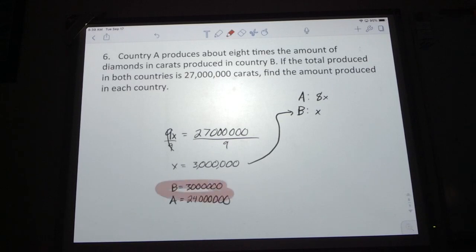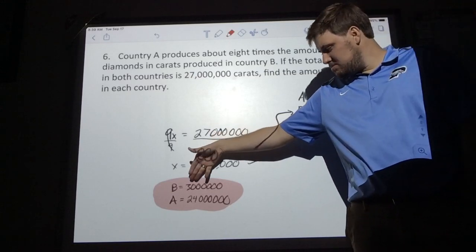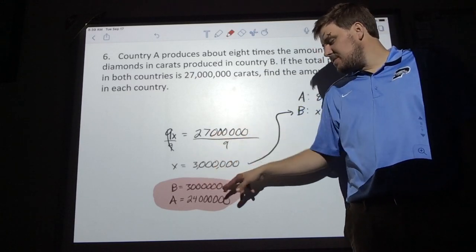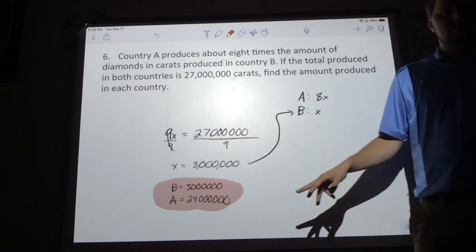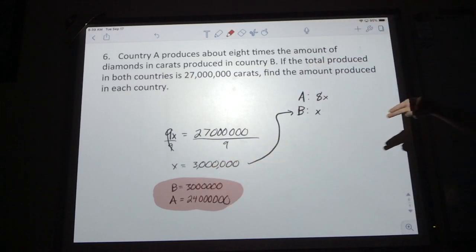Last thing is, I guarantee you this will never be a decimal, and almost, I can't guarantee because I haven't done every single problem, it will almost never not have these zeros. It'll be a million with a bunch of zeros afterwards.